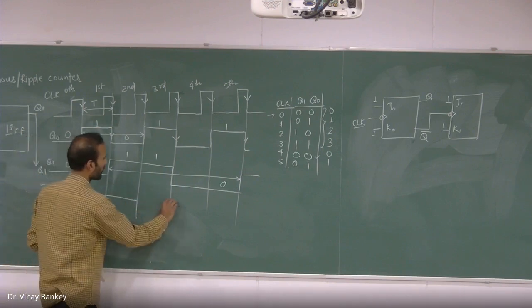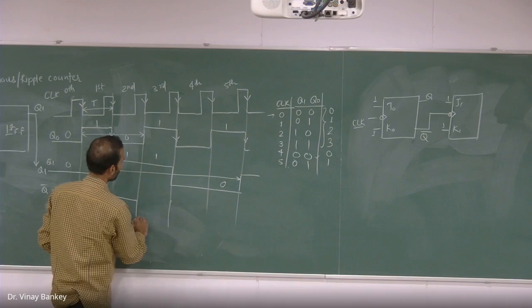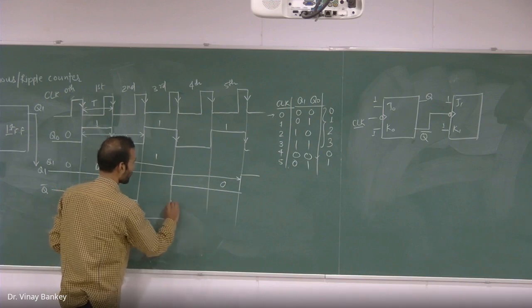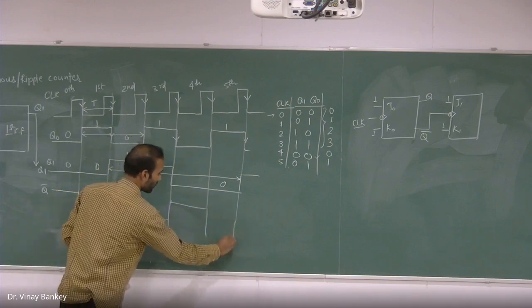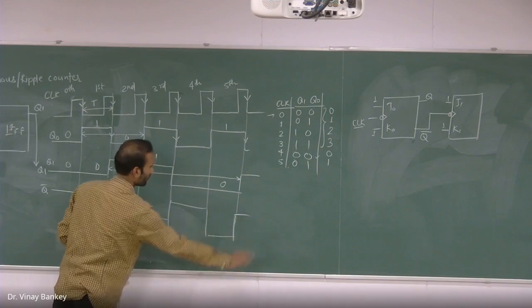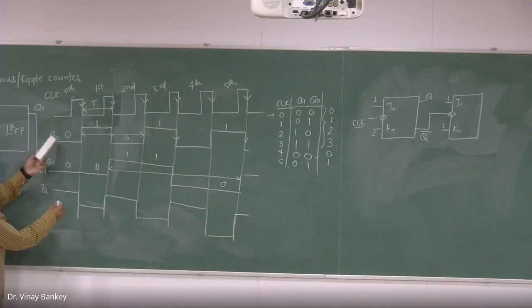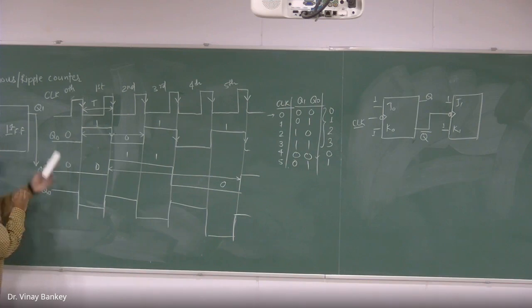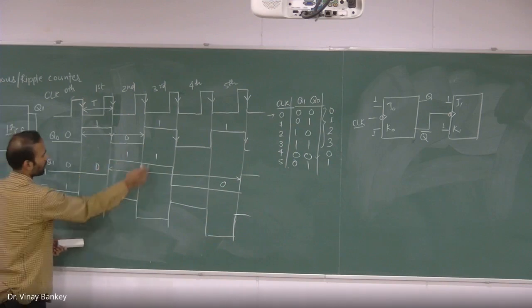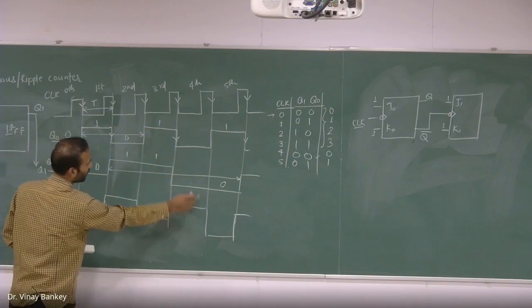It is just the complement of Q0, nothing else. We have 0 here, so Q0 bar will be 1. Then for 1 it will be 0. For 0 it will be 1, 1, 0, 0, 1, 1, 0.